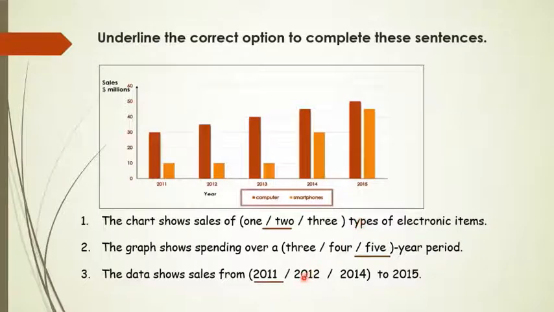Can you read these 3 sentences again so that you can be familiar with them? The chart shows sales of 2 types of electronic items. The graph shows spending over a 5-year period. The data shows sales from 2011 to 2015.